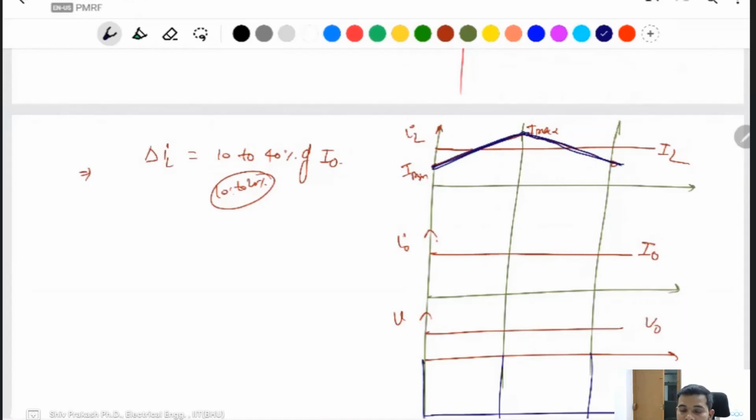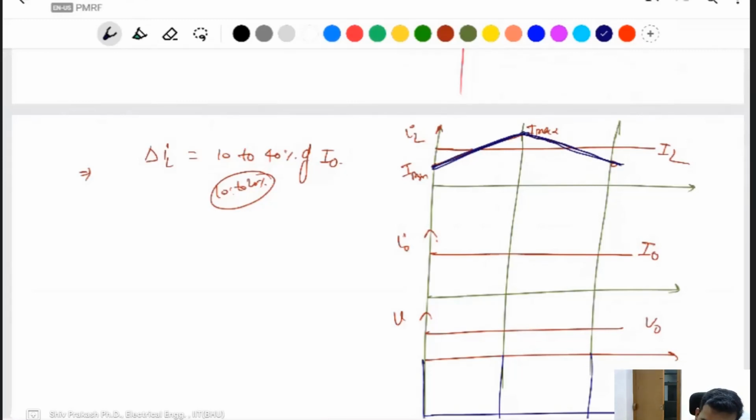This ripple behaves like an AC signal. That is why the inductor works on a DC supply, but the ripple makes it AC in the inductor current.